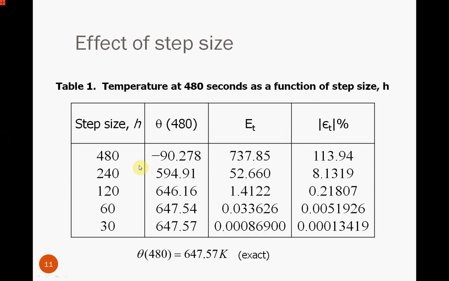Here's our error, 113%, 240, 8%, not bad, 120, a step size of 120, that would be 4 slices, that would be 0.21%, a step size of 60, so that's 8, you've divided it 8 ways, it's 0.005%, and 30 into 480, that's 16 slices, and well, it's as good as makes no difference.